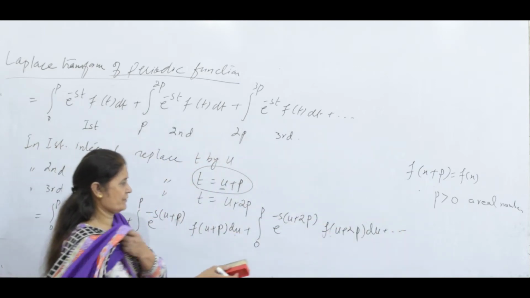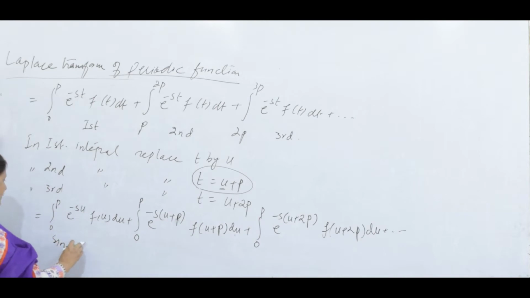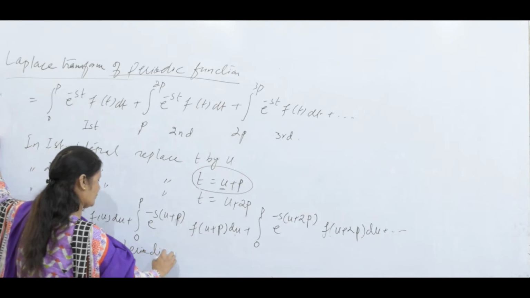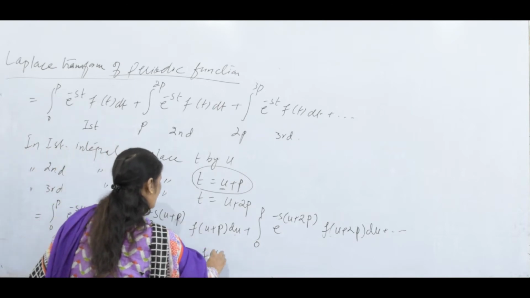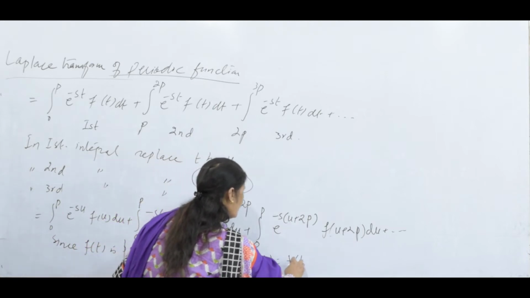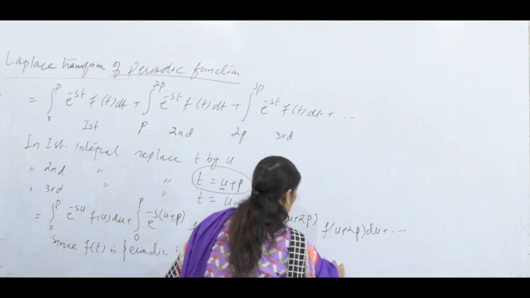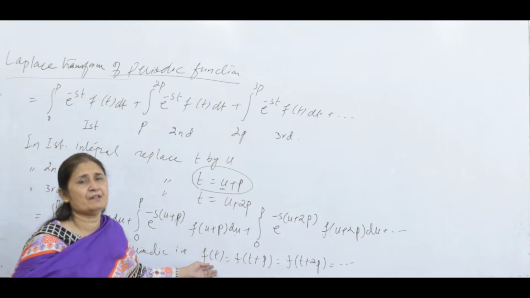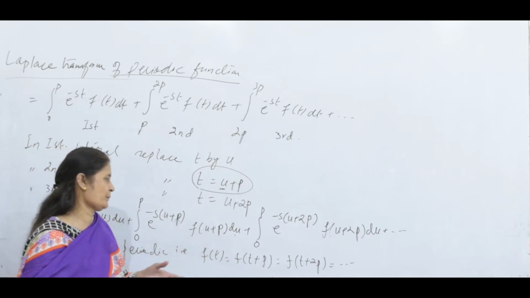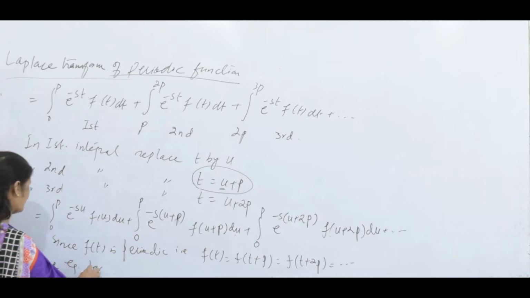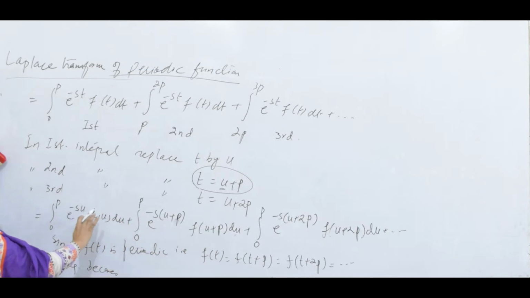Since f(t) is periodic, f(t) is equal to f(t+p) is equal to f(t+2p) and so forth. We have seen if p is a period, then np, where n is an integer 1, 2, 3, 4, is also a period. So the above equation becomes this one.